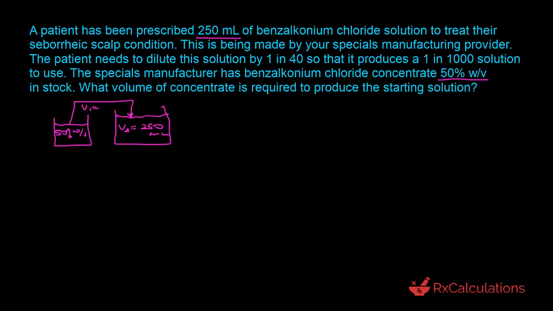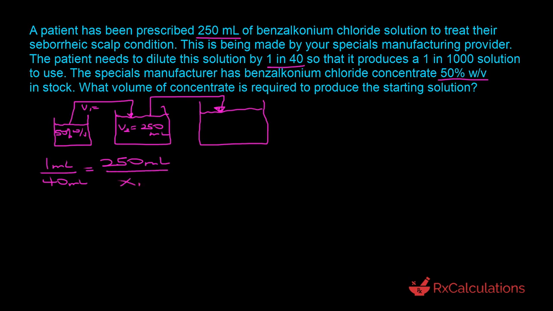However, once you prepare this 250 milliliter starting solution, what the patient does is they take the 250 milliliters and dilute it 1 in 40. So you are taking some volume here, and actually are taking all of it to prepare the ultimate solution. That's what the patient does. So to determine the total volume, we need to make use of this term, 1 in 40. What that means is you have 1 milliliter in 40 milliliters. Now if you're going to use all the 250 milliliters, then what volume would that produce?